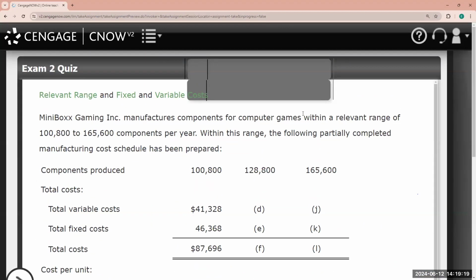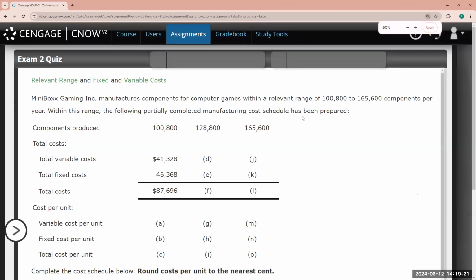Next, we have this example, which shows us the relevant range in variable costs. Here it shows us Minibox Gaming Inc. manufactures components for computer games within a relevant range of 100,800 to 165,600 components per year. Within this range, the following partially completed manufacturing cost schedule has been prepared.